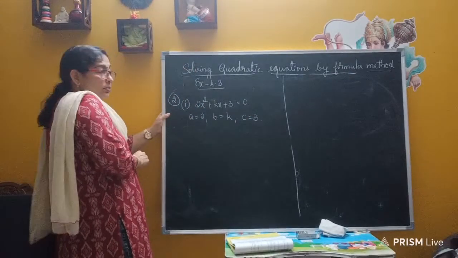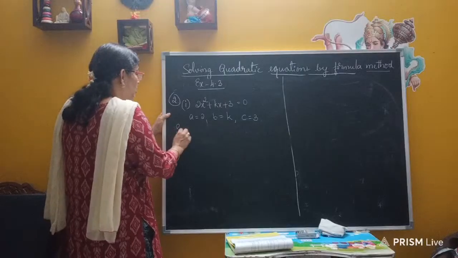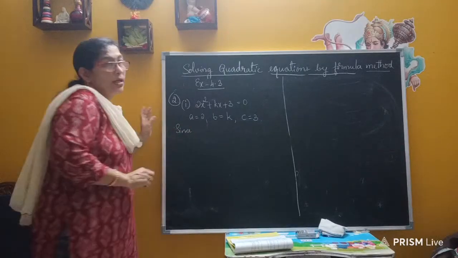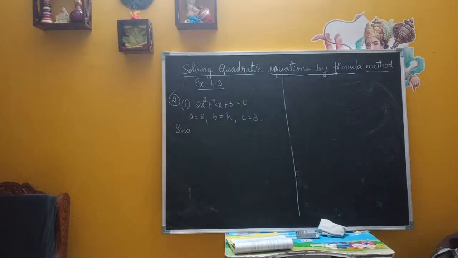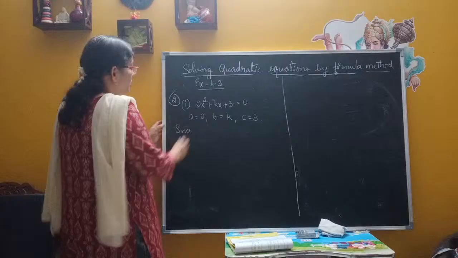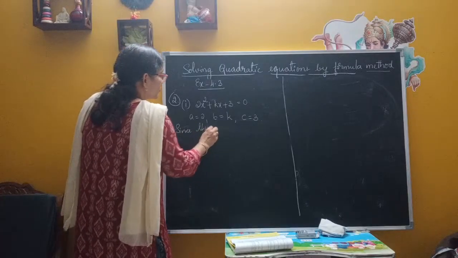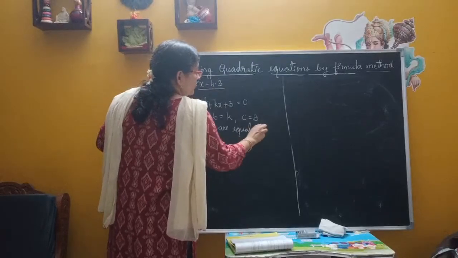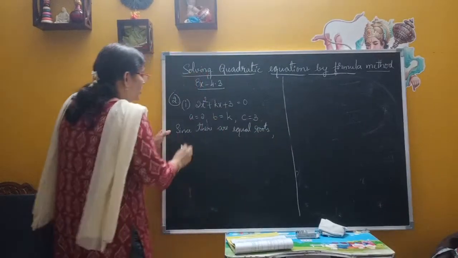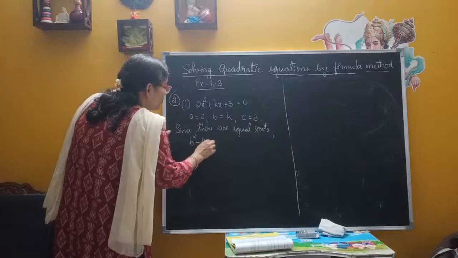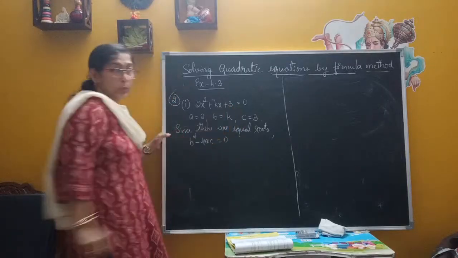Given that we have two equal roots, since there are two equal roots, we can say b square minus 4ac is equal to 0.